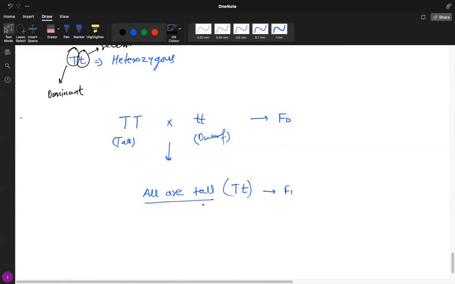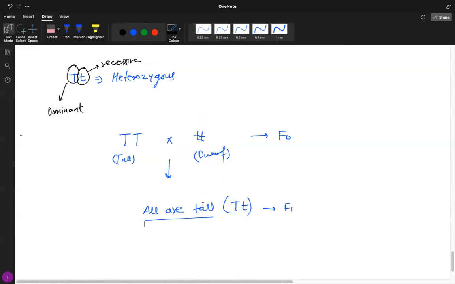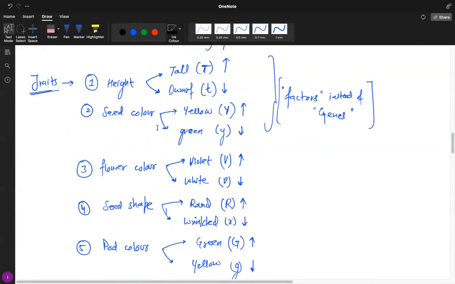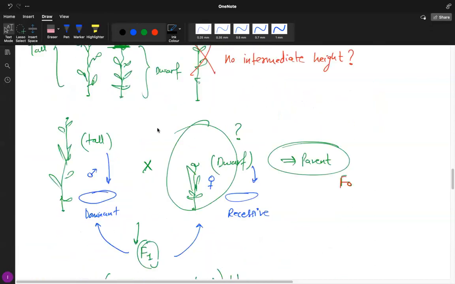But Mendel could not find any exceptions because the 7 traits that he chose, all these 7, luckily show complete dominance. So they follow the law of dominance. So Mendel thought that every organism in nature, every plant or animal, will also follow this law of genetics. But that was not true.